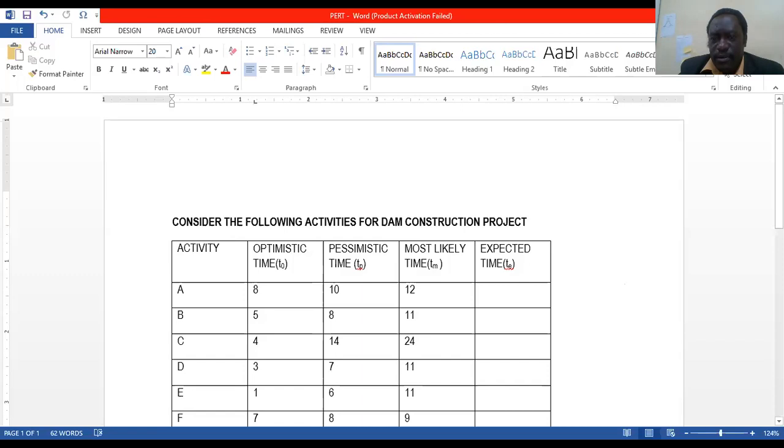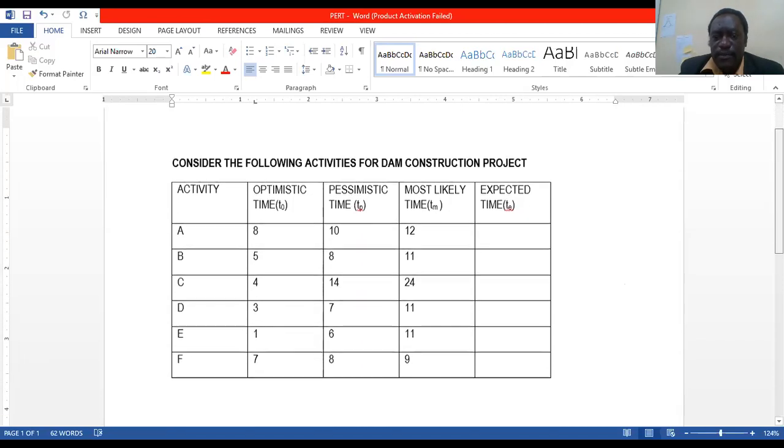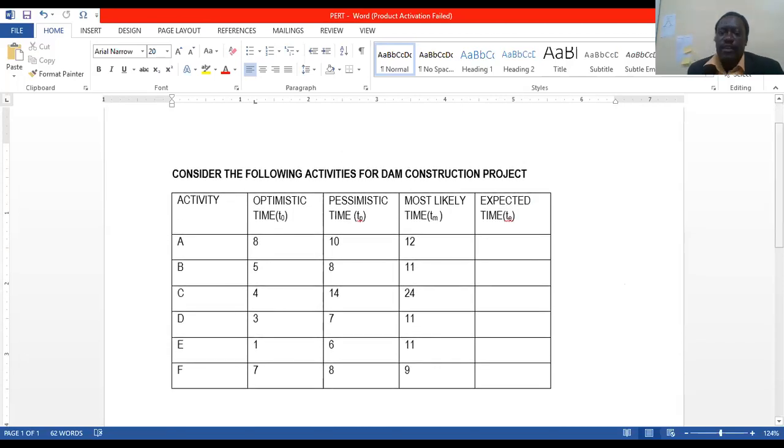Maybe this is just about construction projects, because some of you will be working on construction projects, so I have simplified it for you. Write down the columns. The first column is the activities, the second column is optimistic time, TO, the third column is pessimistic time, TP, and the other one is the most likely time.